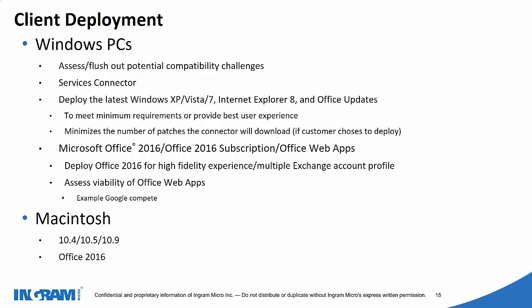So once the planning is done, you need to do the preparation for the deployment. In the preparation, the first 3 steps will be the Active Directory preparation, then obviously the cleanup of the directory, then reducing the mailbox size.